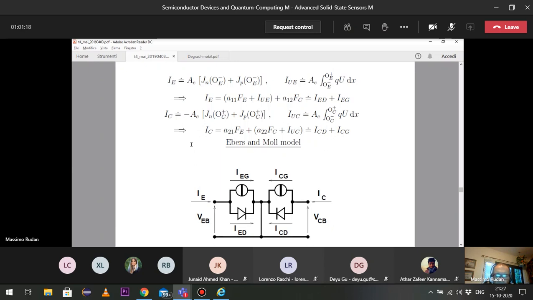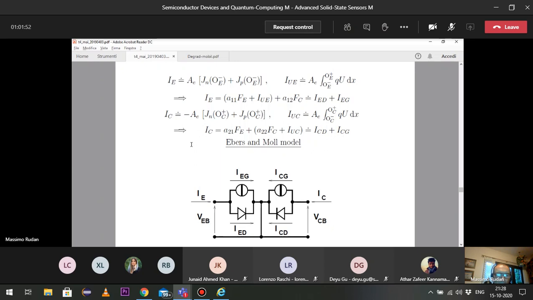So if we want to represent the device as a double bipole, we must prepare a figure like the one that is shown in the lower part of the page, in which we have on the left the two contacts of emitter and base, to which the VEB voltage is applied, and the emitter current is entering the device.